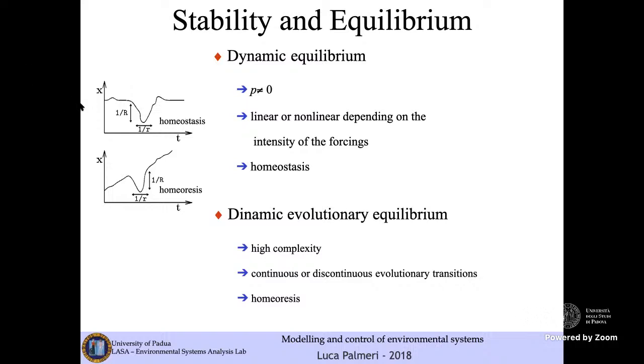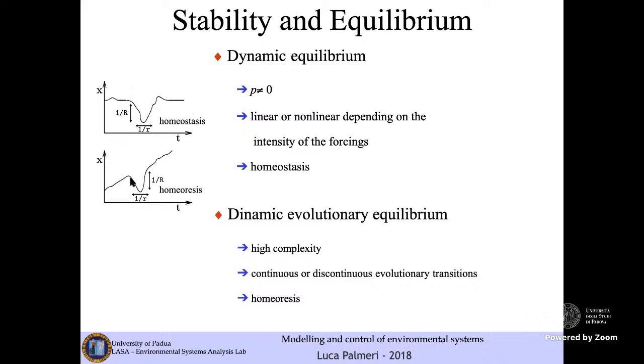In particular, resistance is measured by how much a perturbation moves the average status, the homeostatic state of equilibrium, from its equilibrium. So it is the inverse of the depth of this hole in the state space of equilibrium.